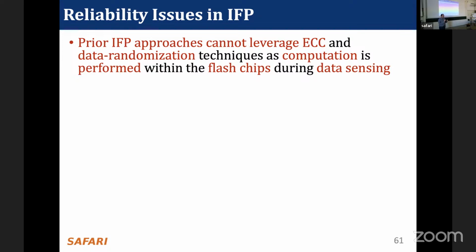And there is also another work on randomization. I mean, another, let's say, important functionality that we have inside the SSD, which is data randomization. So before writing data to the flash memory, we usually randomize data using a key, we scramble data, and that's actually to avoid the worst case scenarios.